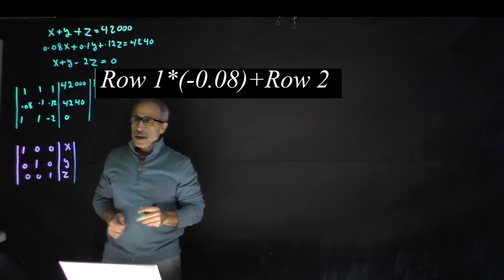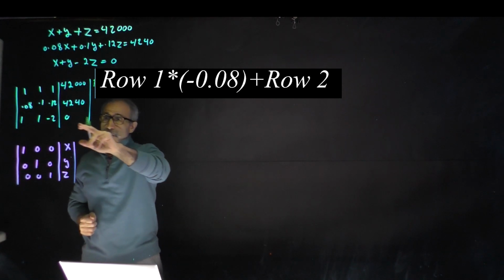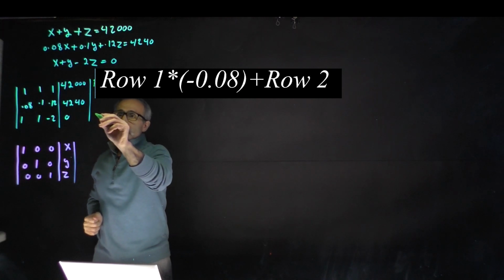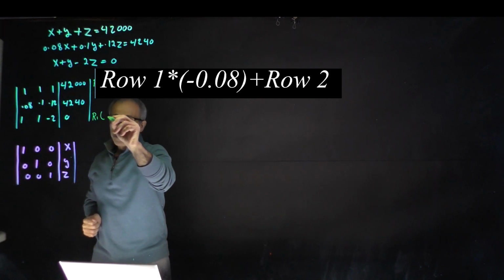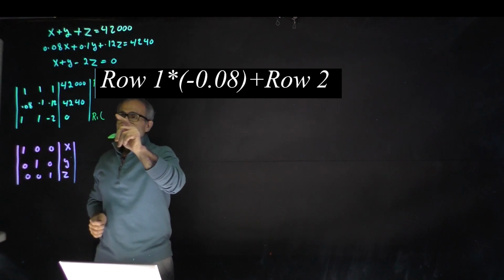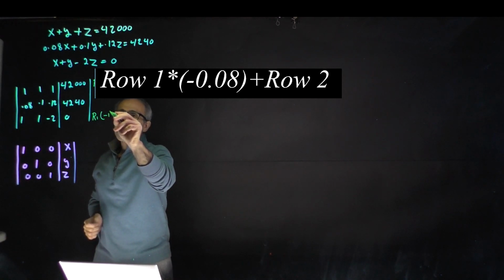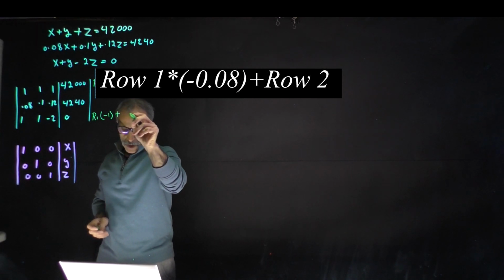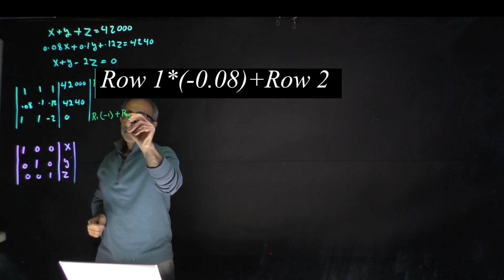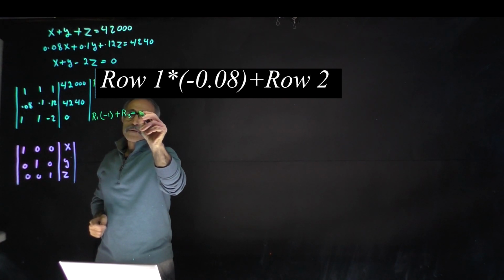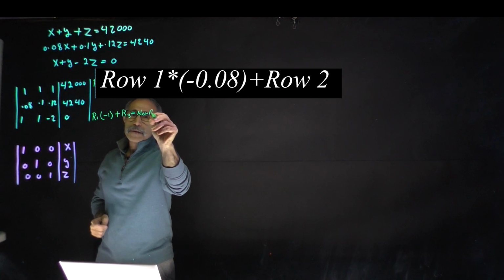At the same time, for the new row 3, I'm going to take R1, multiply it by negative 1, and then add it to row 3, and that should give me the new row 3.